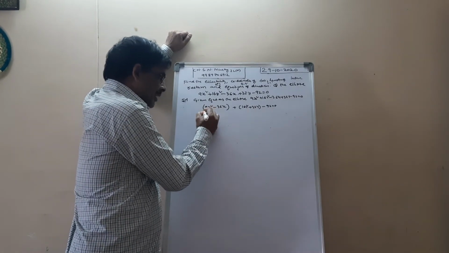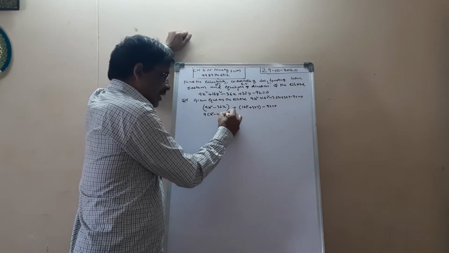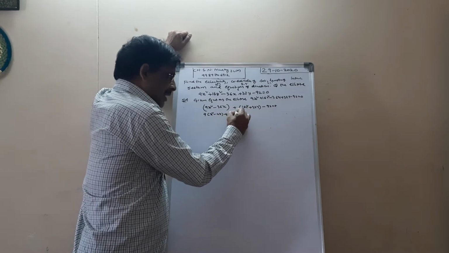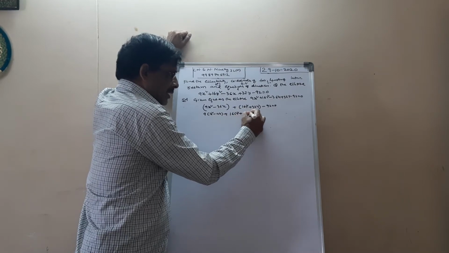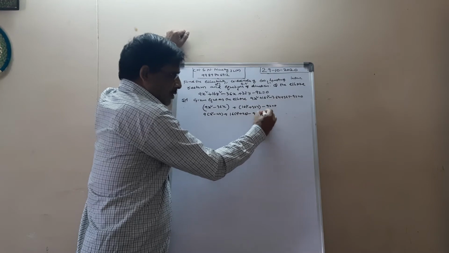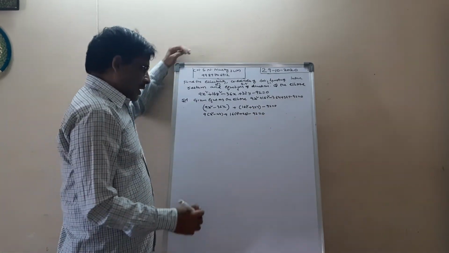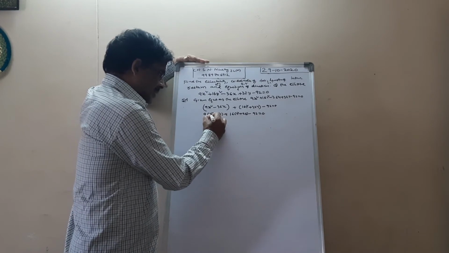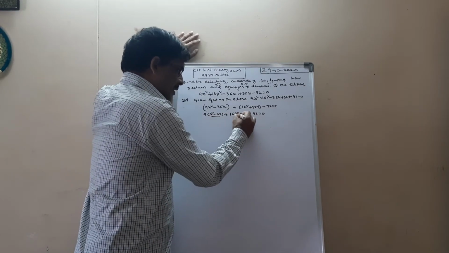You take here 9 common. 9 into x square minus 4x. Here take 16 common. y square plus 2y minus 92 equal to 0. Okay. You observe in brackets x square minus 4x here, y square plus 2y here.